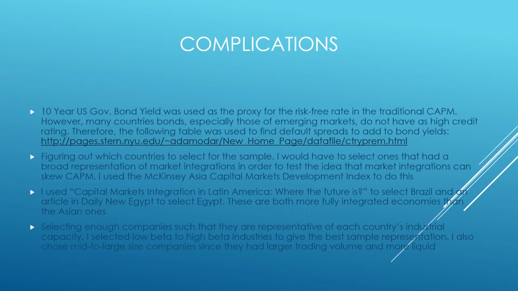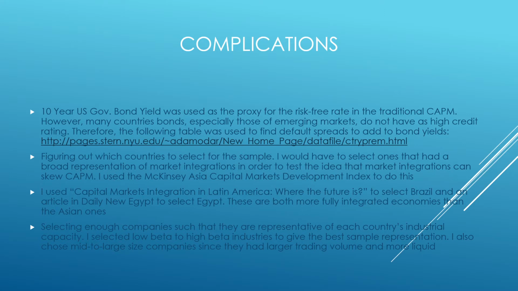So essentially what I did was I took a country default spread, which was taken from Professor Damodaran from NYU Stern, for each country in the sample, and I added it to the country's current 10-year yield, or the 10-year yield over the sample period. And this adjusted to create a true risk-free rate.